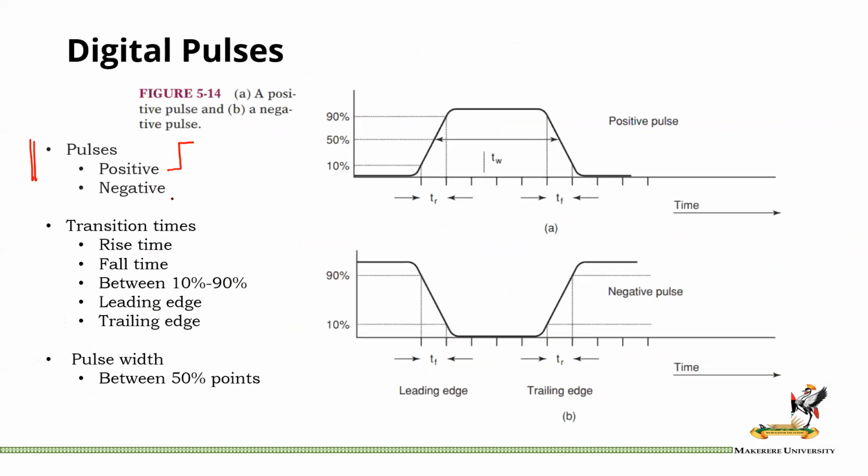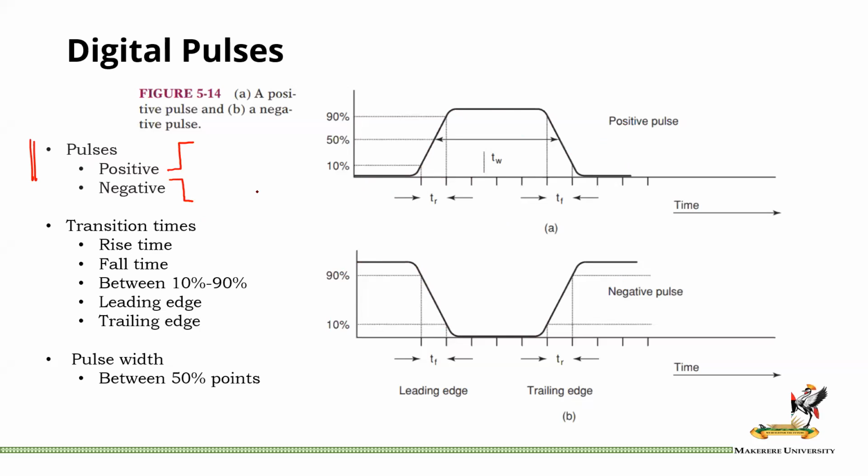So a pulse that was initially 0 and is going to 1 is a positive pulse. A negative pulse is a pulse that is moving from 1 to 0. So for instance, this is a positive pulse because you can see it was initially 0, it went to 1, and obviously the pulse is complete. Whereas this is a negative pulse because it was initially 1 and it went to 0.